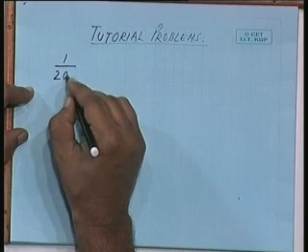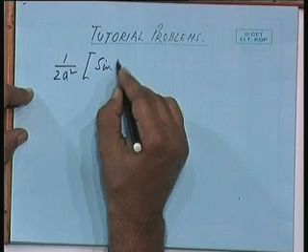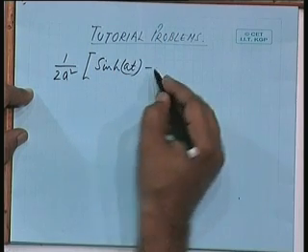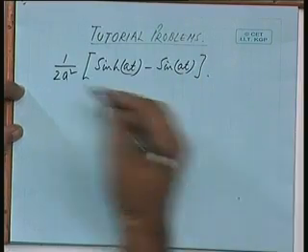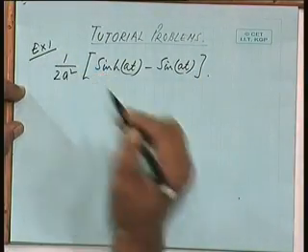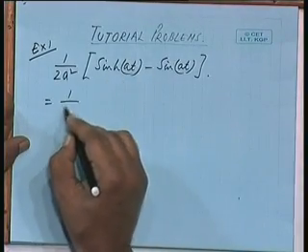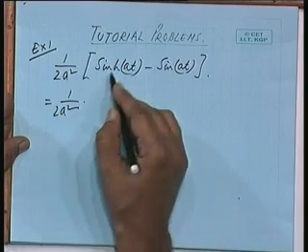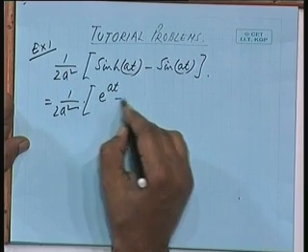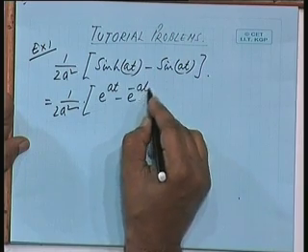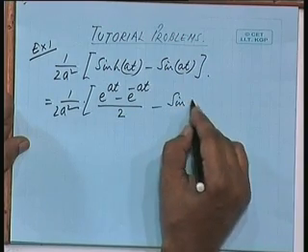What will be the Laplace transform of 1 by 2 s squared sinh at minus sin at? So this one can be written as 1 by 2 s square times, what is sinh at? e to the power at minus e to the power minus at divided by 2, minus sin at.